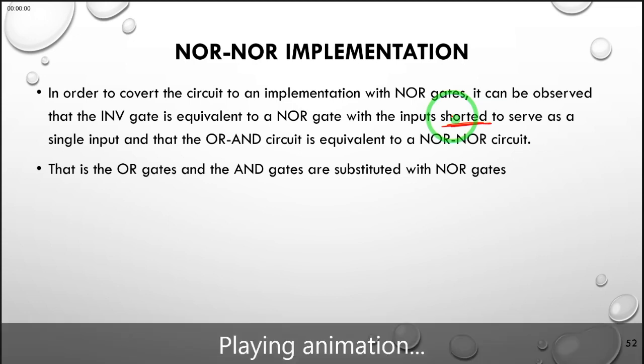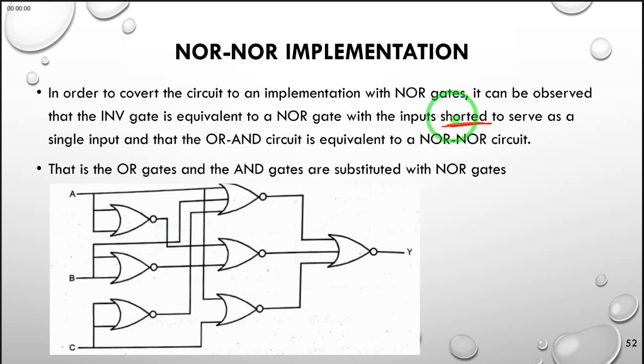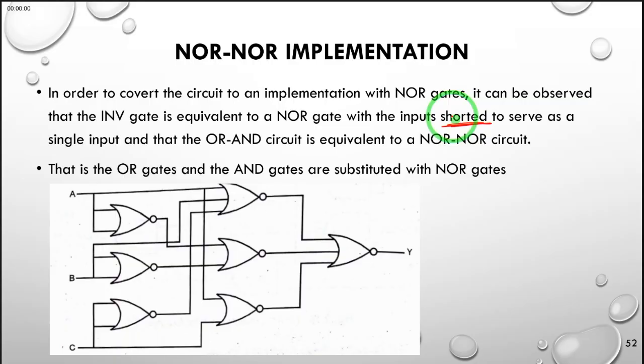And here we have our diagram that represents the implementation of our circuit using NOR gates only. So this is very significant because we might be told we do not have any other gates apart from NOR gates, and therefore we can convert our invert, OR, or AND gate to a circuit that can still perform the same function using only one type of gate called the NOR gate.